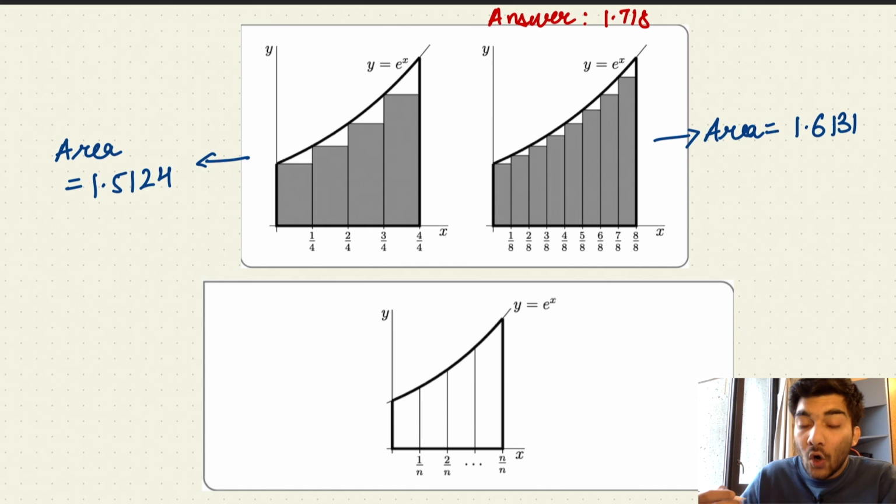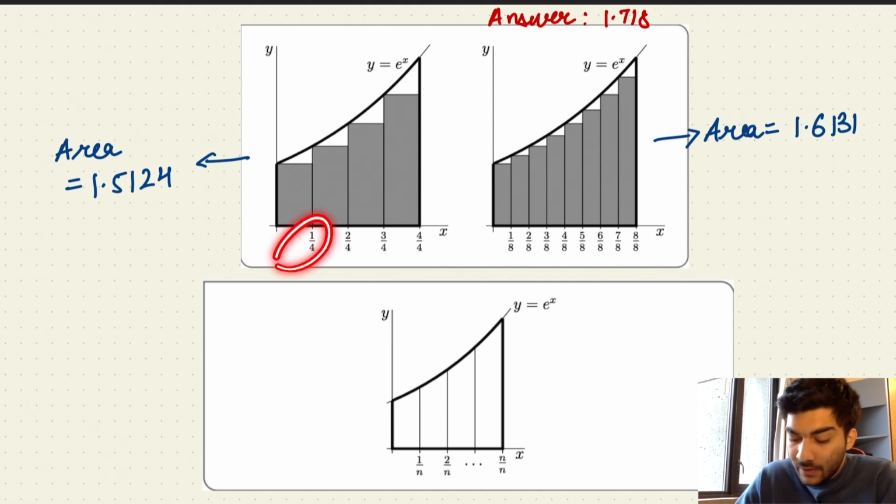And that is the motivation behind integration, calculating the actual area under the curve of a complex function. I just have to make the widths of my individual rectangles smaller and smaller so that they nearly approximate, or become equal to, the actual area of the function.